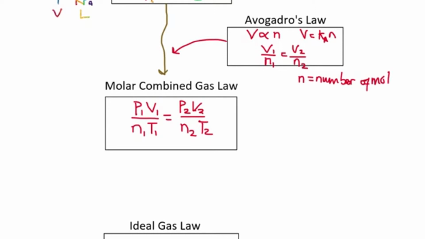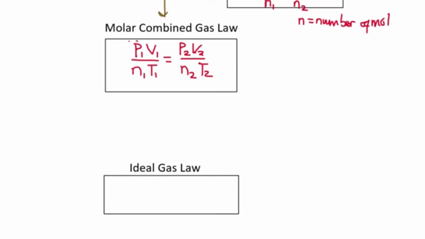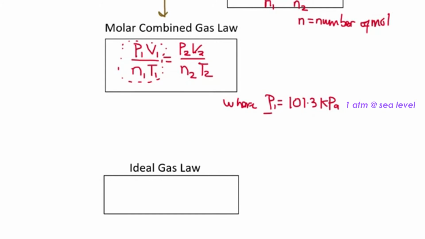So based on the molar combined gas law, we will actually subject one of these variables to STP conditions, and that is important to generate a specific condition where, instead of putting in standard temperature and pressure variables, we can just use a specific constant. So in this case, we make our pressure 1 to be 101.3 kilopascals, and then T1 to be at 273 kelvins.